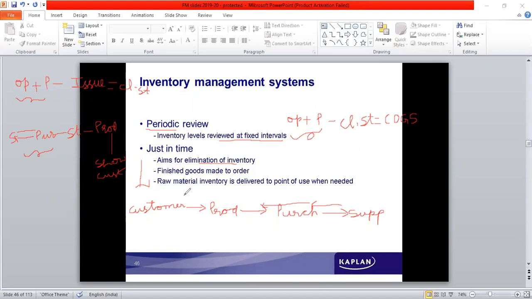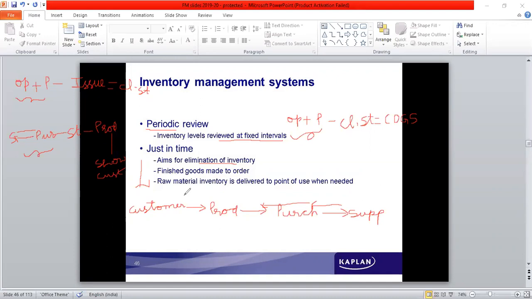From the beginning of the class we've been discussing that receiving material from the supplier is a time consuming process, because the supplier has to be selected in terms of various aspects. After the supplier is selected, then the order is placed. So that is the procedure. So here in a JIT system, they select the supplier beforehand, in terms of what their requirement is and what the supplier would be able to supply.